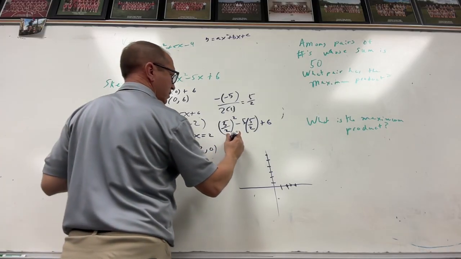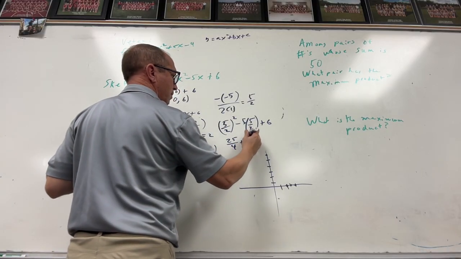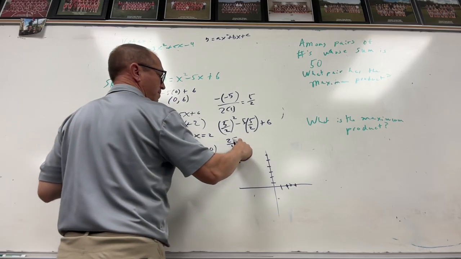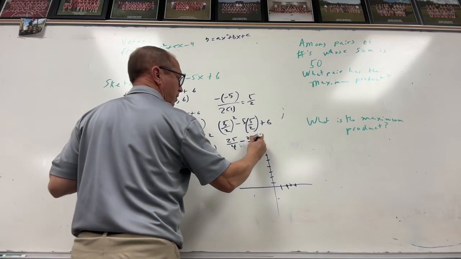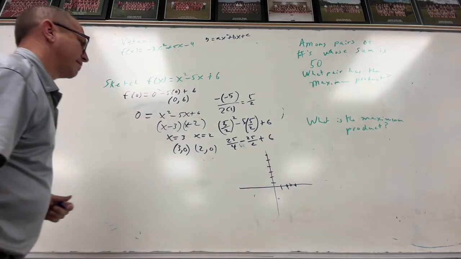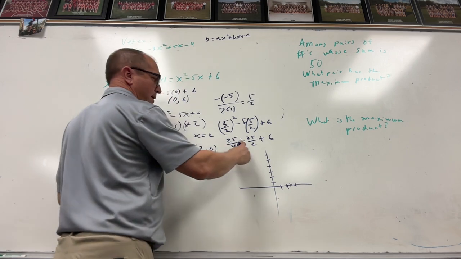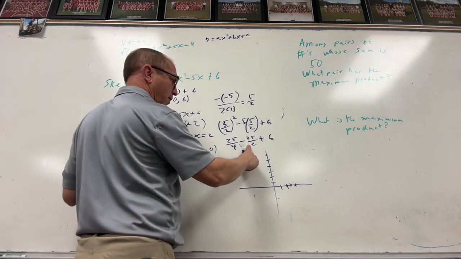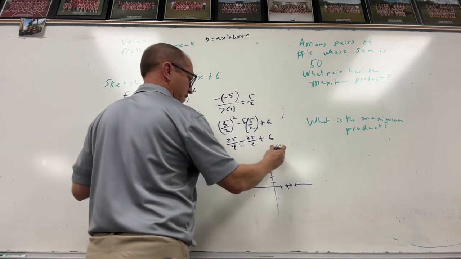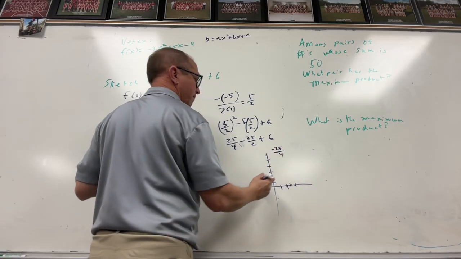So this becomes 25 over 4 minus 25 over 2 and then plus 6. 25 over 4 minus 50 over 4 is going to be negative 25 over 4.